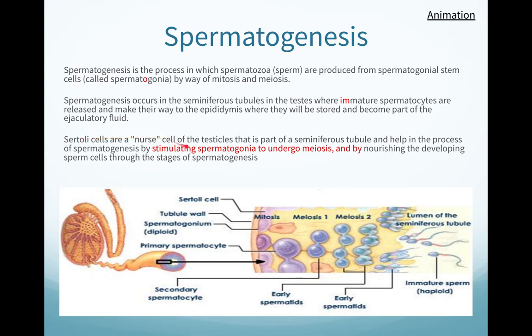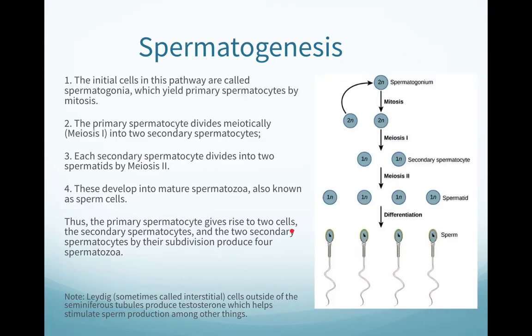These are nurse cells, but really what they do is stimulate the spermatogonia to undergo meiosis, and then they nourish developing sperm cells. So those are the two roles of the Sertoli cell: to stimulate the spermatogonia to create sperm, and to nourish developing sperm cells. We're going to take a look at all of this right after we look at this.